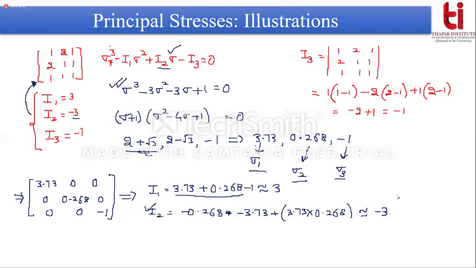So I2 and I1 are exactly the same. Same way I3 also you will obtain it as, it may not be exactly minus 1, but it will be something like 0.09996, because of the rounding off you have taken while calculating sigma 1 and sigma 2.